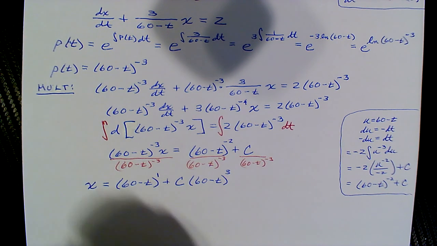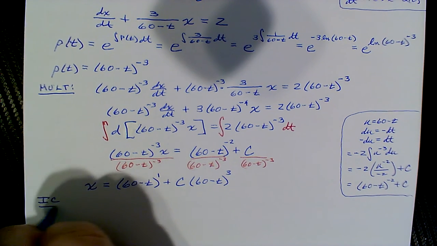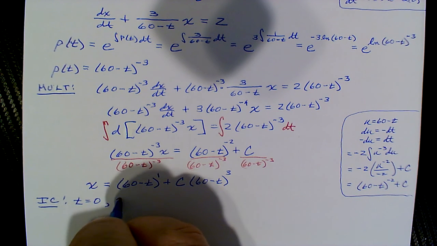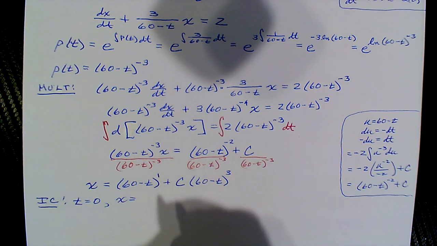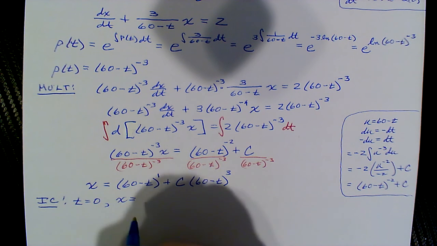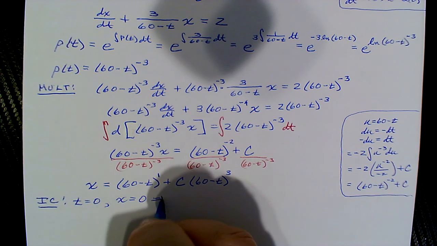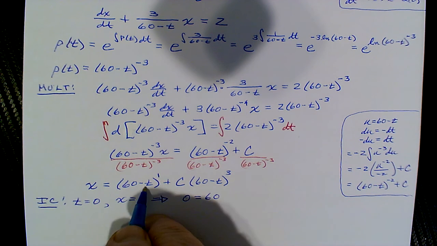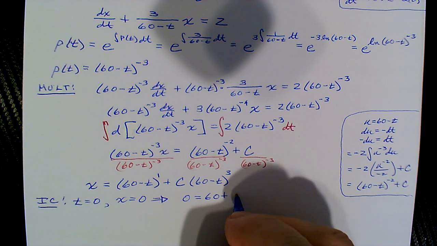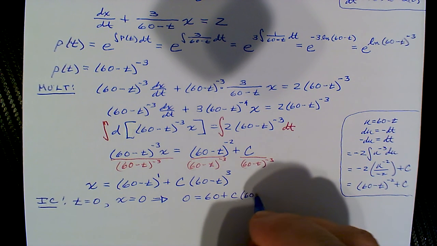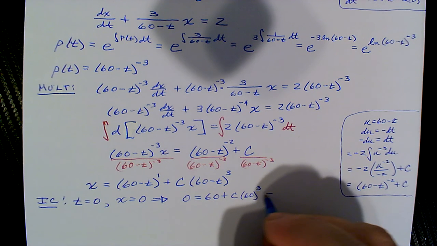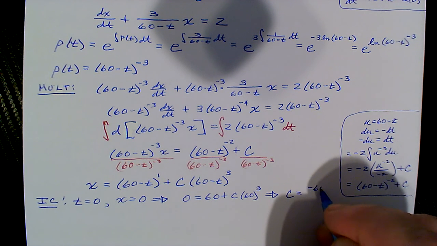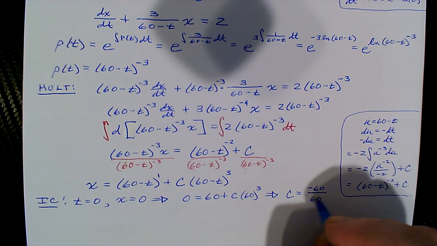Alright, so now the initial conditions will give us the constant c. At t equaling 0, the amount x was 0, so then we'd have 0 equals 60 plus c times 60 cubed. So then c is negative 60 over 60 cubed.